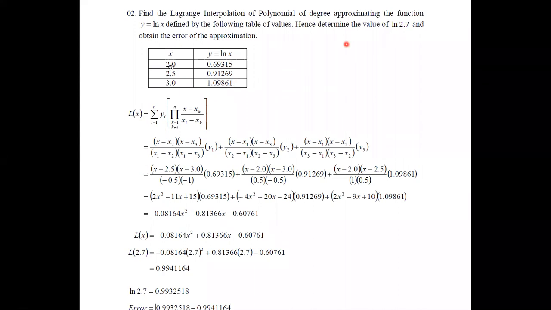After obtaining the interpolation polynomial, they ask us to determine the value of ln 2.7 and to obtain the error of the approximation. Here we will see how we can perform this.